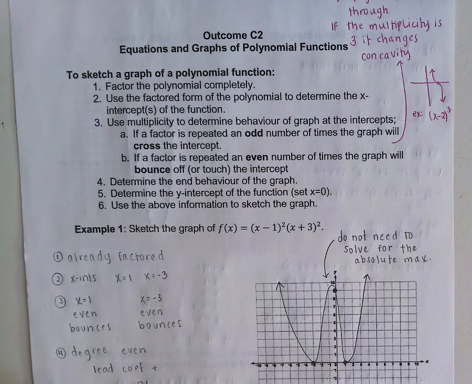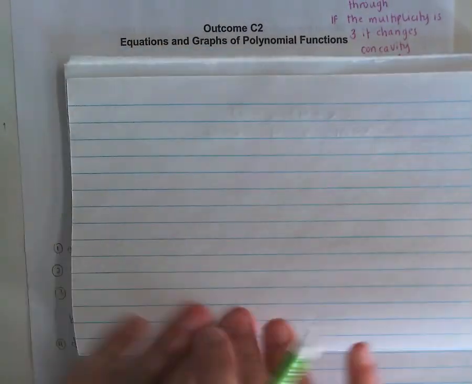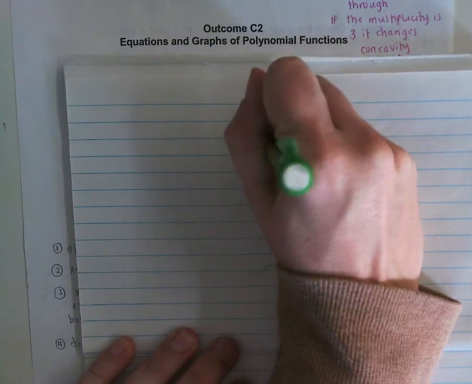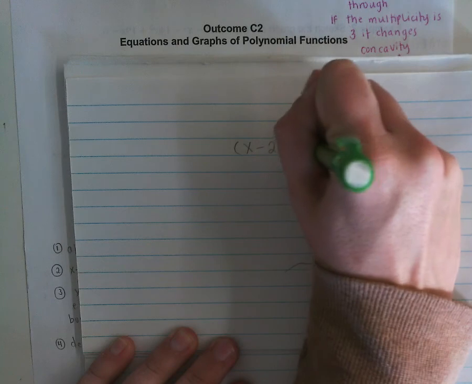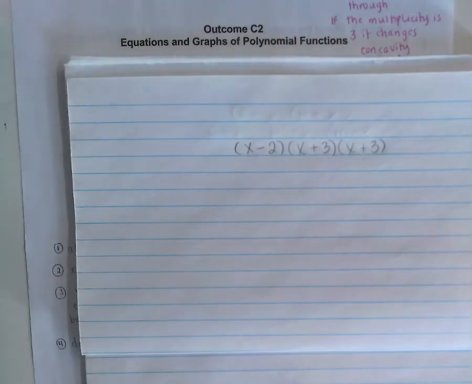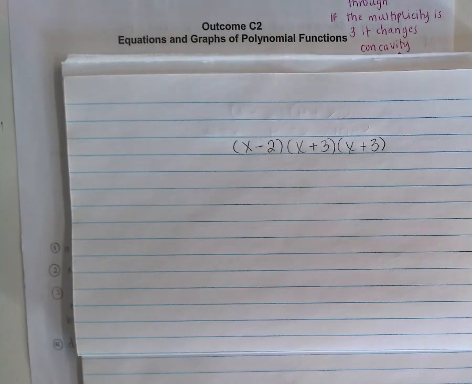The only thing that's different is that sometimes you are going to have repeated factors. So now that we're dealing with, for example, a polynomial of degree 3, we might have something like this, where the factored form has some factors that are repeated.